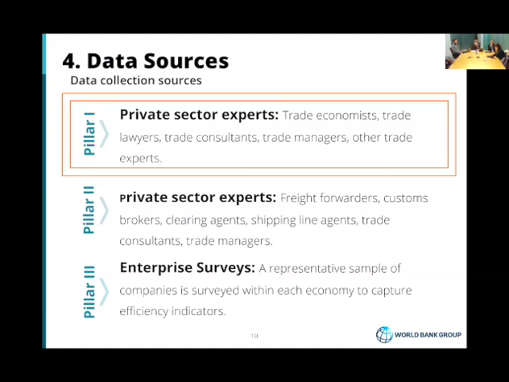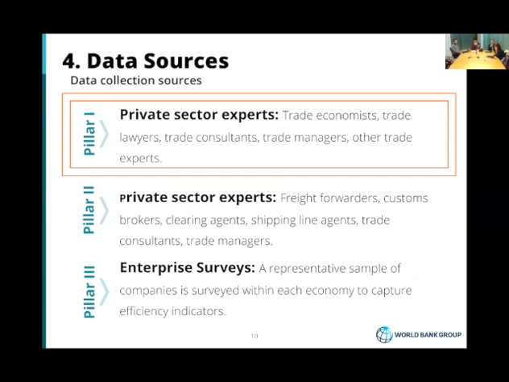The data for Pillar 1 and Pillar 2, as you can see on the slide, is collected by consulting with experts from the private sector. For Pillar 1, these experts primarily include trade economists, trade lawyers, trade consultants, trade managers, and other experts, for example, in the academic field.